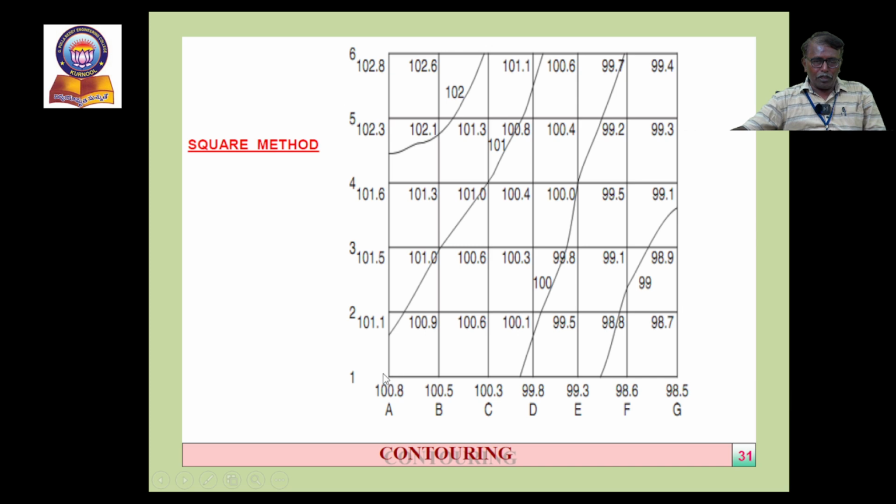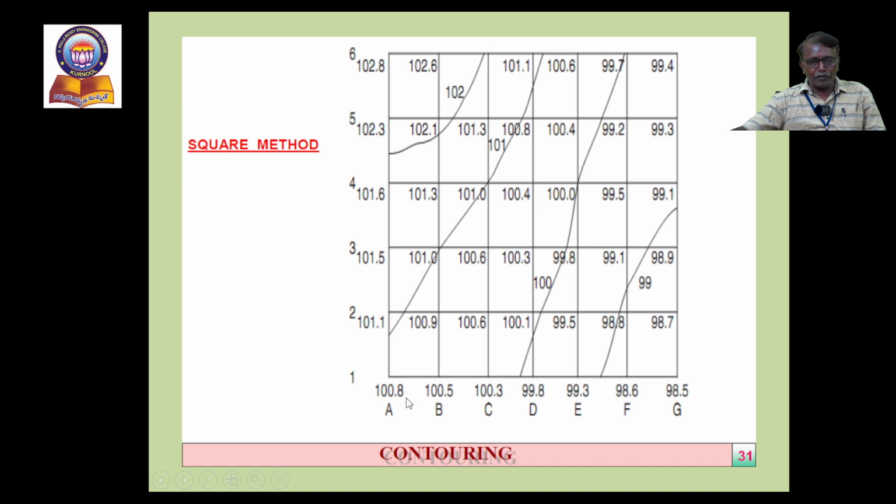So the 101 contour is lying in between these 2 points. So the 101 contour will start somewhere. This location can be identified assuming that there is a uniform slope between the A1 and A2 points. So by interpolating, we can obtain the point here.